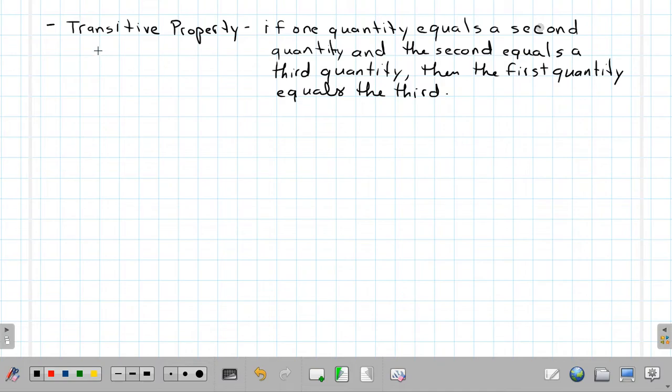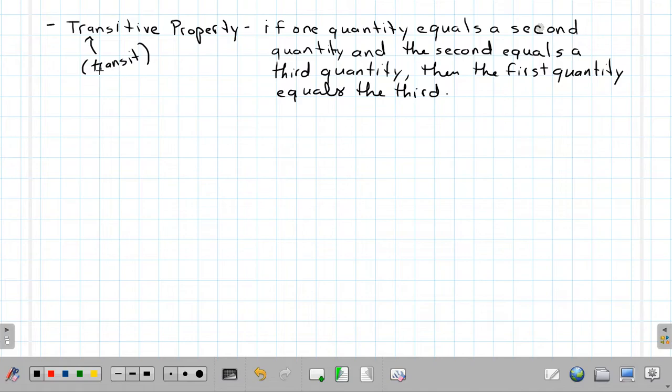But when you talk about the transitive property, think of the word transit. When you transit on a bus or a train or the subway or even in a car, that's what I want you to think of.